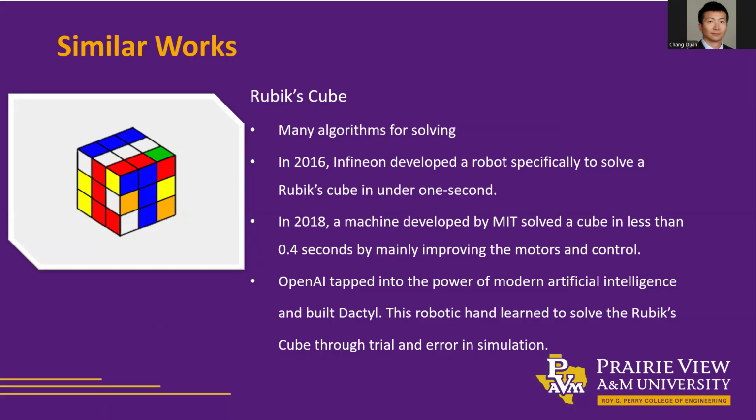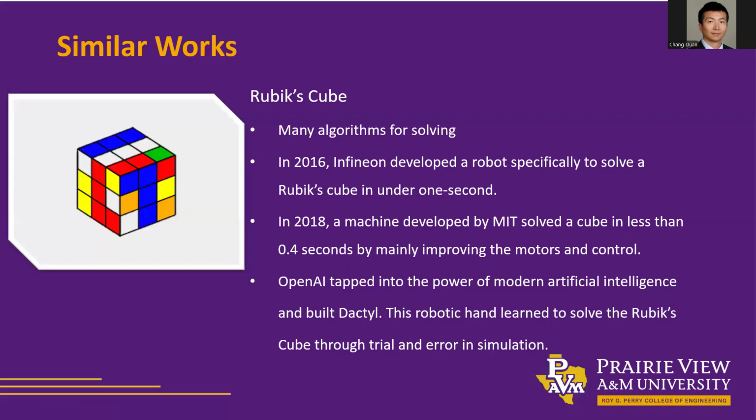In 2016, Infineon developed a robot specifically to solve a Rubik's cube and achieved under 1 second time using that specialized machine. Two years later, MIT students improved the motors and control for the machine, and that machine can solve the cube in less than 0.4 seconds.